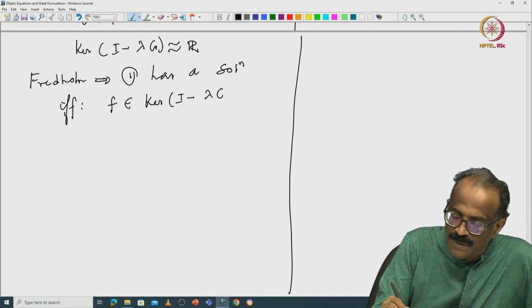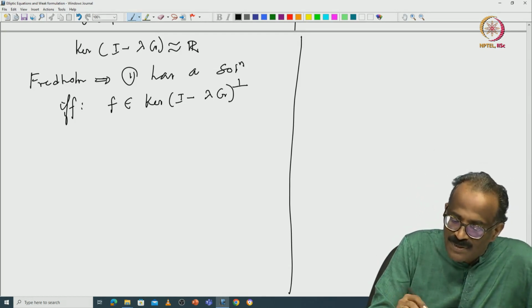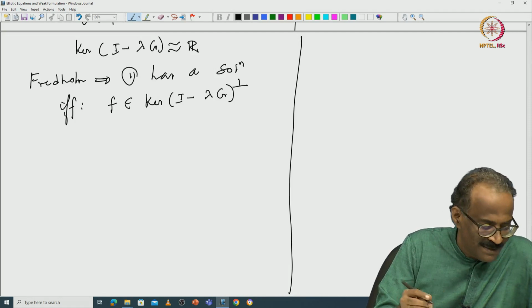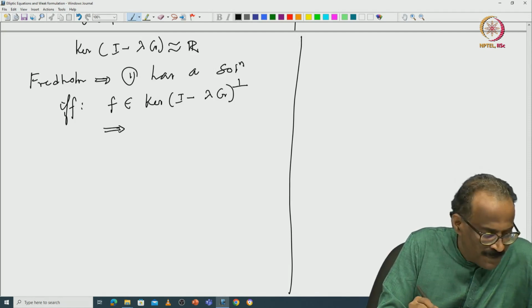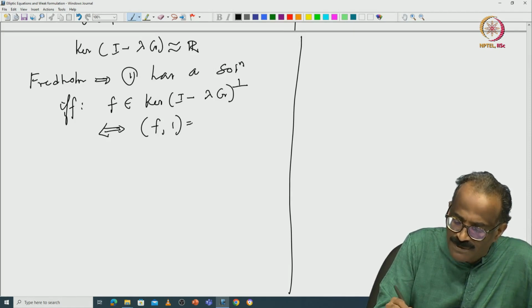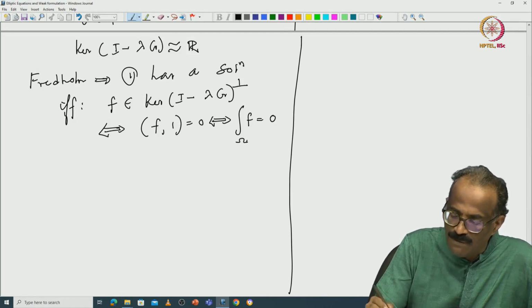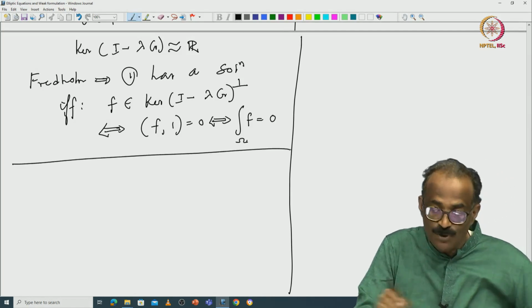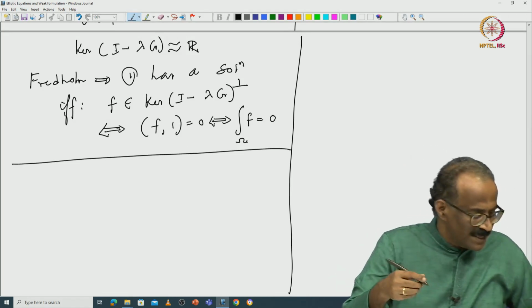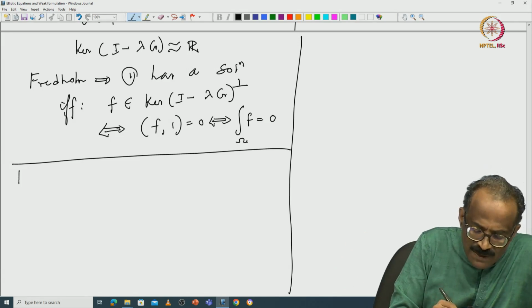Here g is a symmetric operator, so you do not have to take g star. That is equivalent to saying, because the kernel of I minus lambda g is the constants, that f times any constant f1 equals 0. That is equivalent to integral of f equal to 0. You see. So even with the Fredholm alternative you get that condition, and you can prove it. So you can solve it more generally.